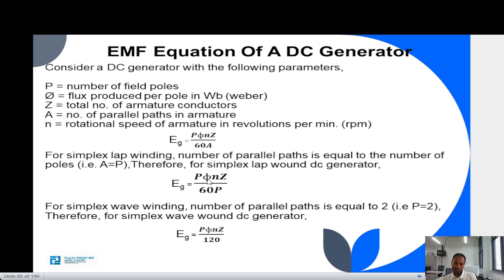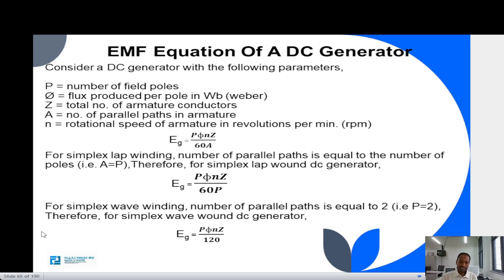Here P is the number of poles, phi is the flux, N is the revolution speed, Z is the number of conductors. If you cancel the P, this is going to be phi N Z by 60.